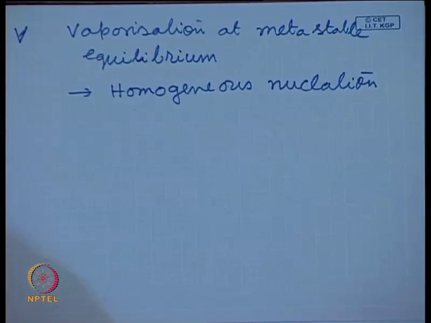So, a very large number of small nuclei are there, and a large amount of energy is required. That means that can come from the degree of superheat, so a large degree of superheat is needed. It is not very easy to create this situation, but in some situations we can have this type of phenomenon.